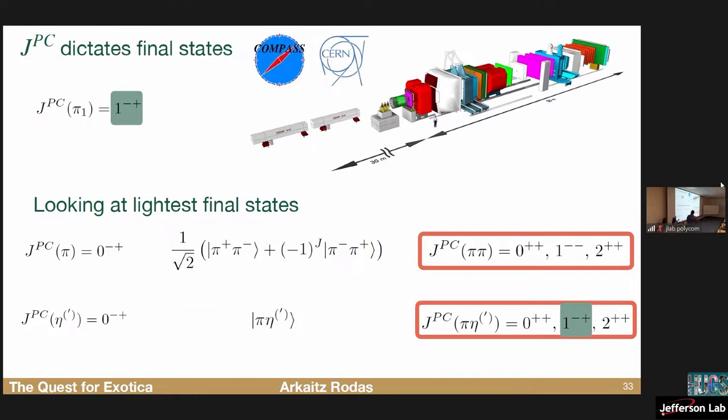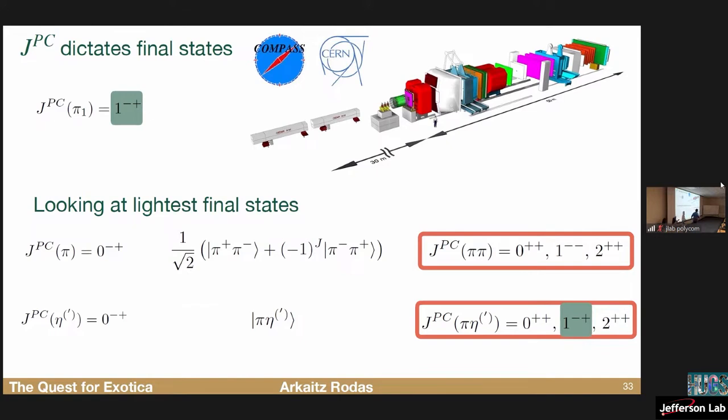First things first. This hybrid, as I said, is 1 minus plus in J^PC. Let's take a look at the possible lightest decay states. Can it decay to pi K? It doesn't have strangeness, so it cannot decay to pi K. Can it decay to pi pi? Those carry the quantum numbers of pions, and if you combine them, because they are identical particles, you have to symmetrize according to the rules.